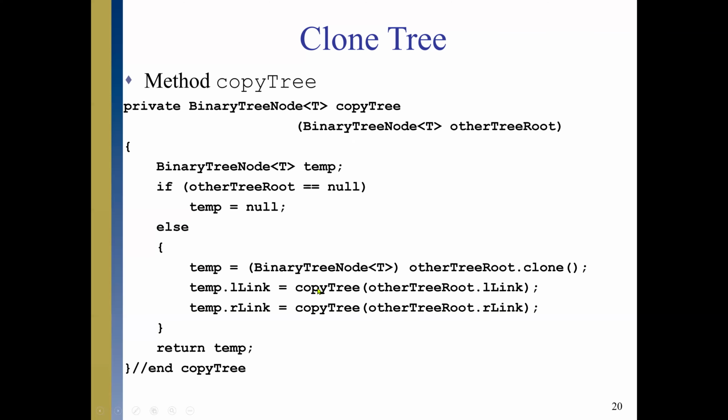So we use copyTree again, otherTreeRoot.left link. Same thing, copyTree, otherTreeRoot.right link. And they will be assigned to the temp's left link and right link. Then we'll return the temp. So this will make a copy of the tree.